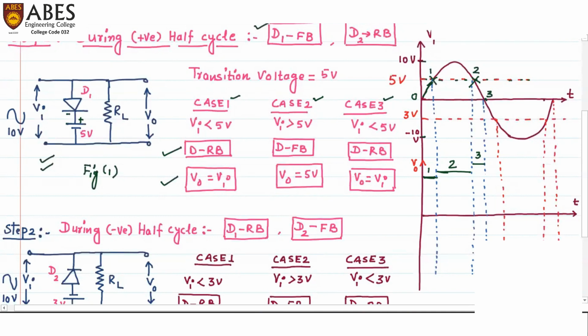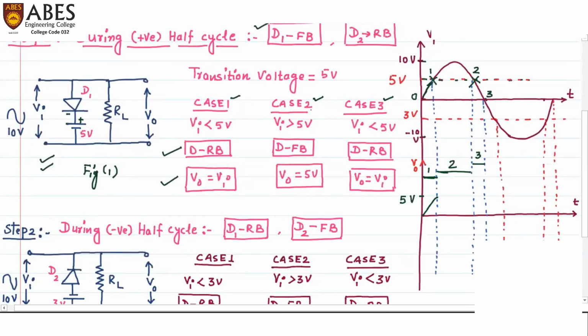Here we can see during case number 1, the input starts from 0 and goes up to 5 volts, so the same will be the output. It starts from 0 and goes up to 5 volts. So this is the output during case number 1.